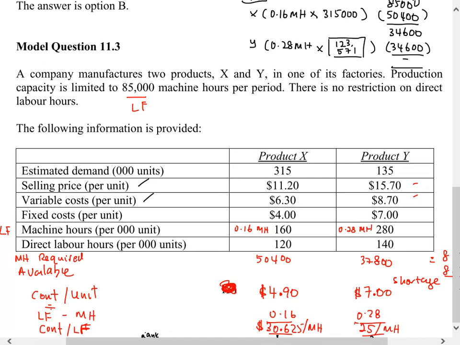Can I do 315,000 straight away times my contribution? Yes, selling price minus variable cost is still contribution. So 315,000 times 4.9, then 123,571 times $7 contribution.